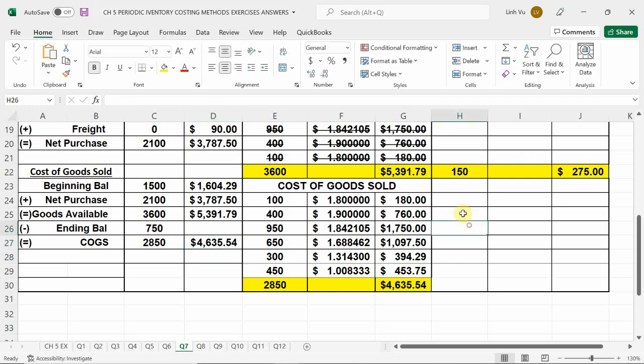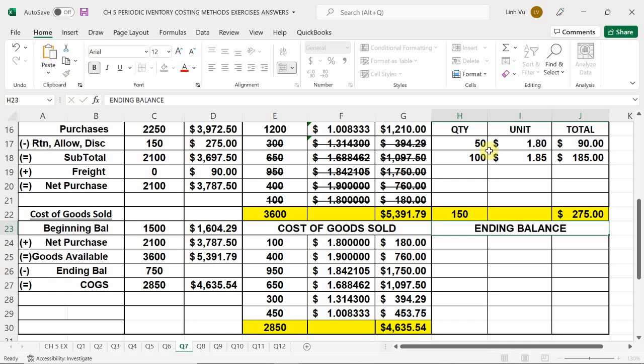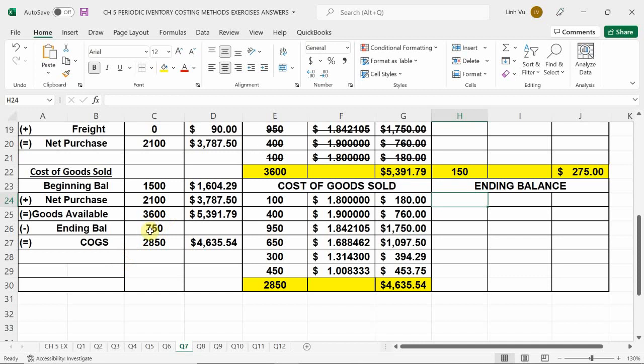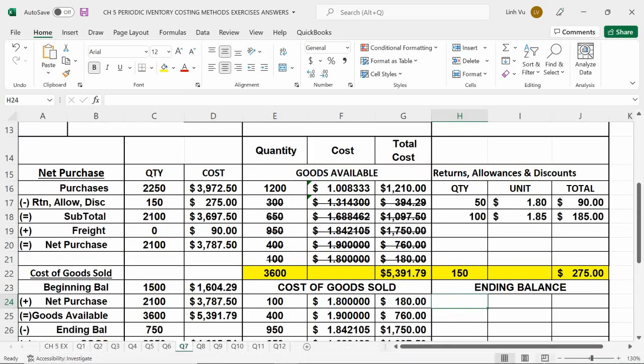Now, in this case, too, what you could have also done here is actually solve for your ending balance first. Because by understanding the laws of LIFO, at the end of the day, when we're looking at our goods available, if we're using LIFO, we're going to start from the last batch and make our way up to the first batch, right? If you knew that much, then you could have just taken a look at your ending balance and figured out, okay, I need to have 750 units.